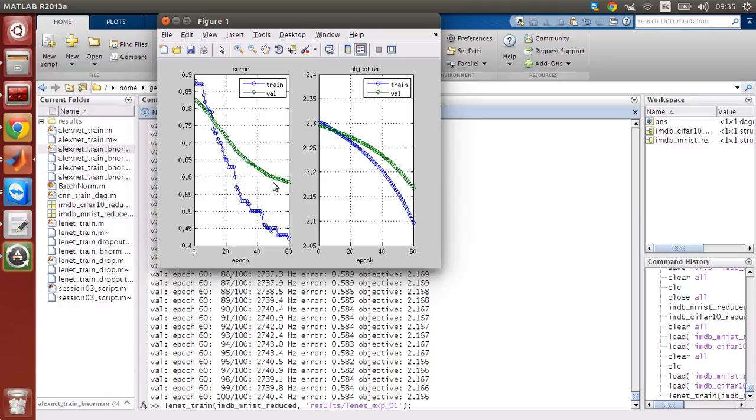But in general, we can observe that for our classification error here at the left, the training went down to almost 40% of error, while the validation only made it to a little bit less than 60% of error. So still quite high. Okay, this is what we got with this sort of initialization by using random Gaussians.